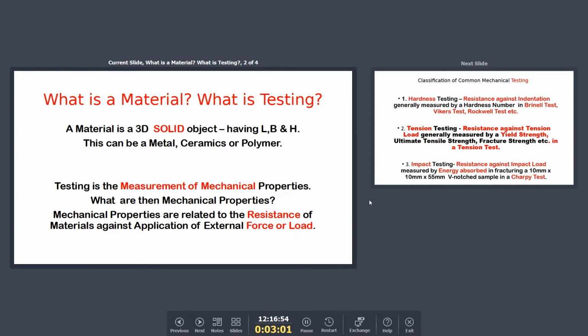So, the material has to resist that load. So, we are interested to understand how much load or force a material can withstand. This is for our design purpose. And from that, we choose the material.